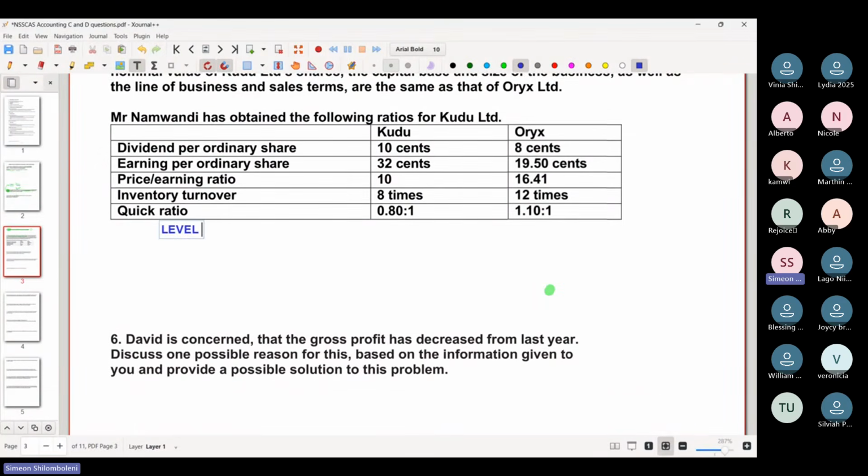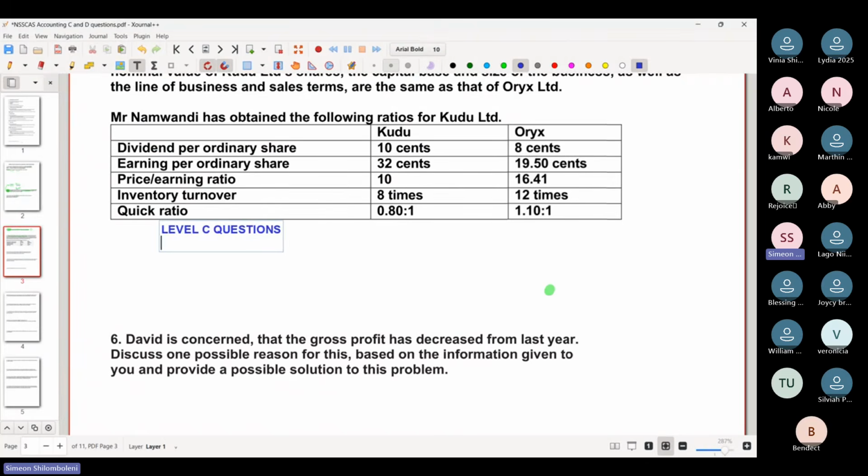Level C questions, you look at advantages and disadvantages. Level C questions, you look at implications. If I do this, what will happen?